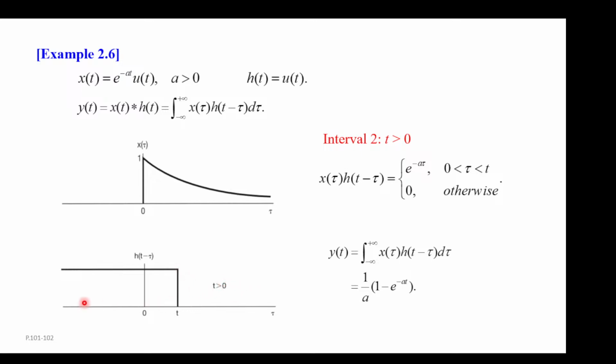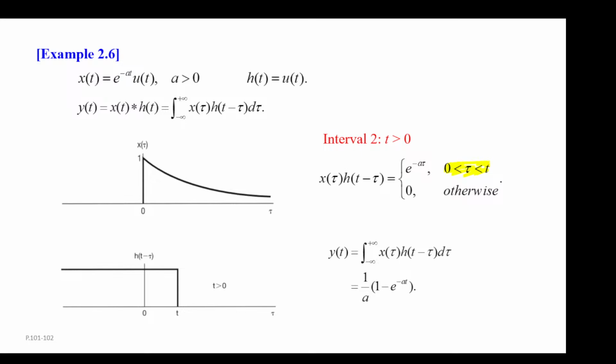For t bigger than 0, the overlap is between 0 and t. For tau less than 0, x of tau is 0, and for tau bigger than t, h of t minus tau is 0. So the important thing here is that tau is between 0 and t, and you only have overlap between 0 and t.